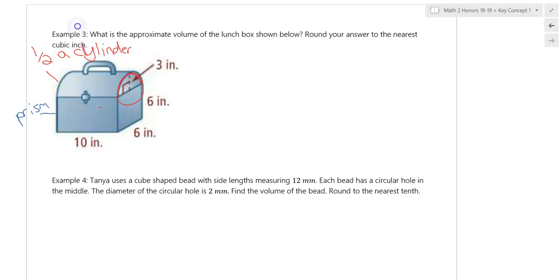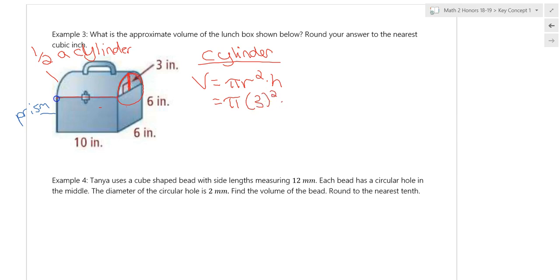So let's start with our cylinder, right? Volume equals pi r squared times height. My r here is 3. Right, that is our radius. It's only half of the circle.